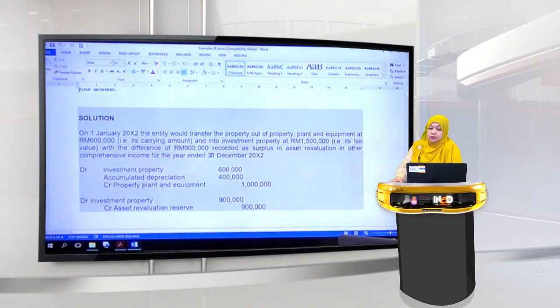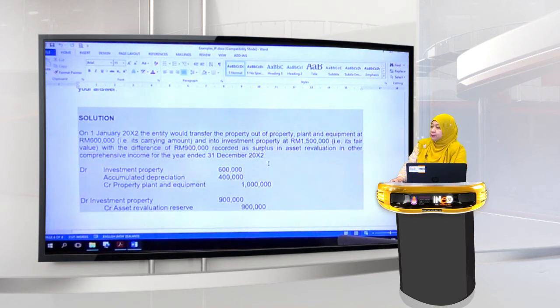So when they transfer the property out of property, plant and equipment on 1st January 20X2, the carrying amount of the building is 600,000, and it goes into investment property at its fair value, which is 1.5 million. So the difference of 900,000 will be recorded as a surplus in asset revaluation in other comprehensive income for the year ended 31st December 20X2.